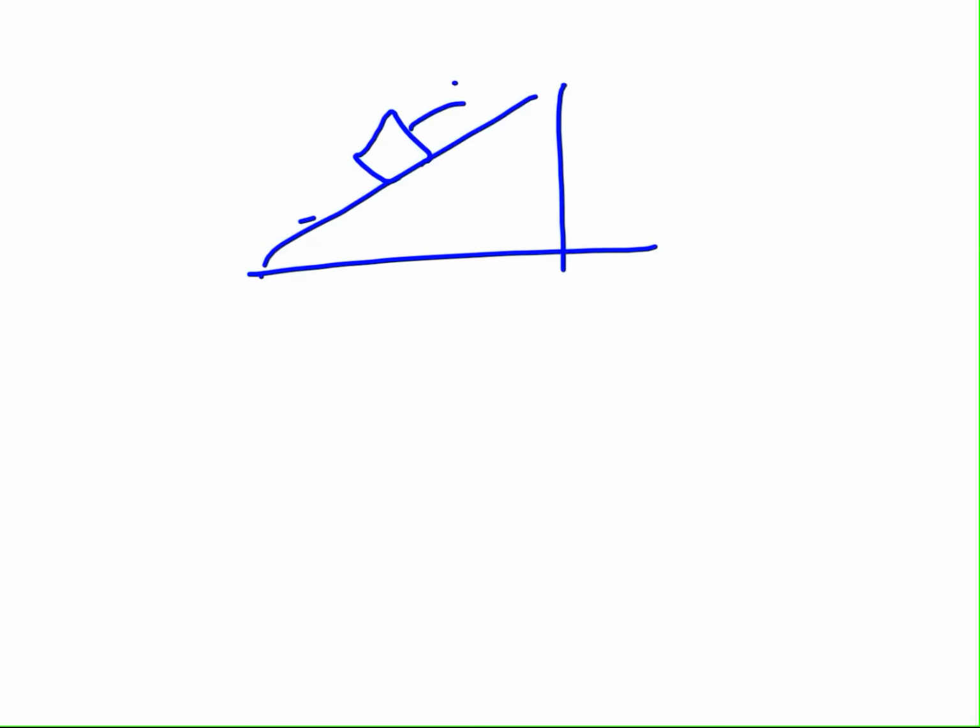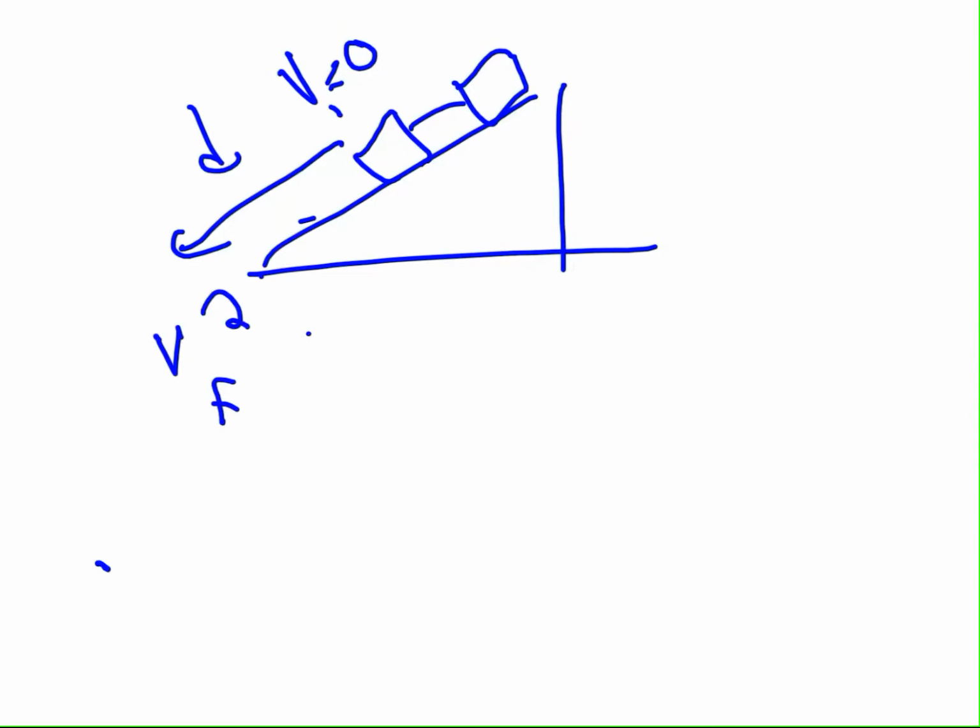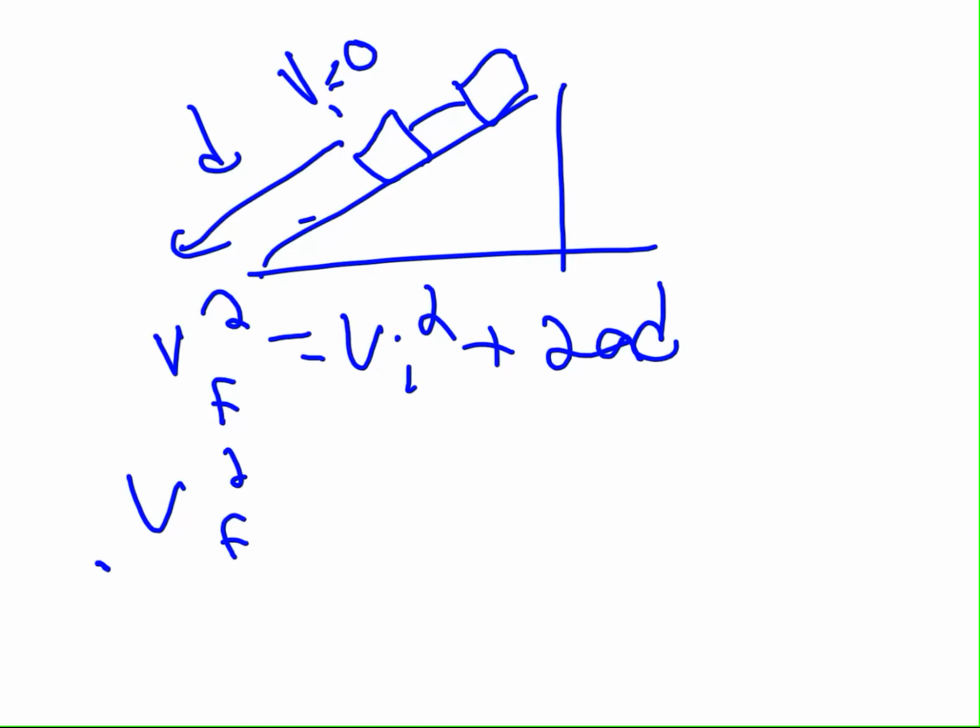Okay. Moving down. Now we have to find out the velocity at the bottom. So the lead block is moving a distance of d. It starts at 0 and has an acceleration that we just found. So we're going to use kinematics. We're going to say vf squared equals vi squared plus 2ad. We're looking for vf squared.